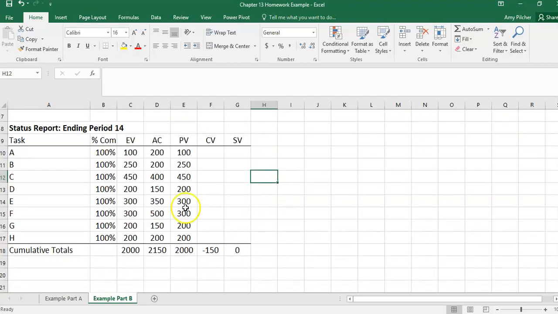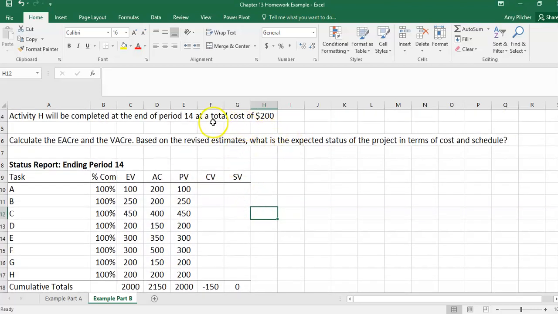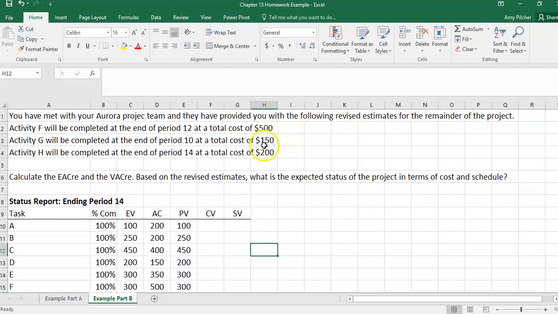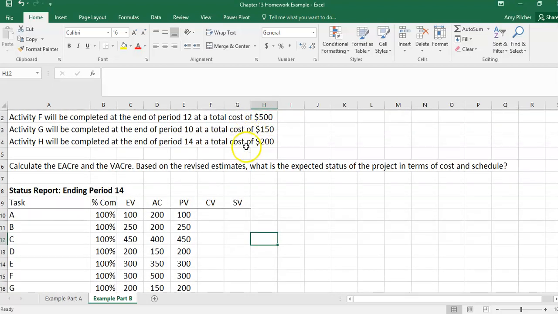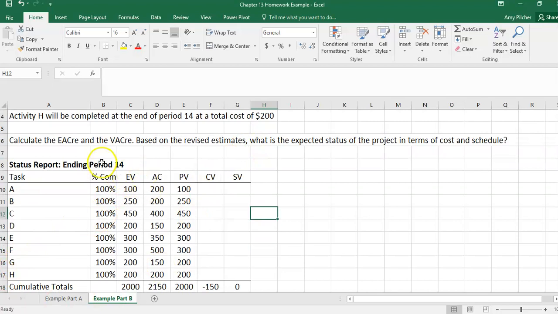So when we look at our new projections with the cost estimates that we've been given, so $200 for H and $150 for G and $500 for F, we have our status report at the end of period 14. Then we want to estimate what the revised estimate is.